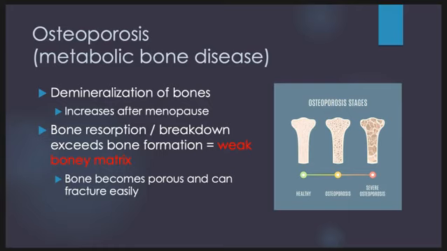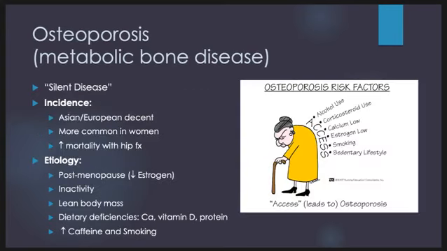Osteoporosis can be caused by a combination of genetic, lifestyle, and environmental factors. Osteoporosis is a condition that affects the bones, making them weak and brittle. It is often referred to as a silent disease because it can progress without any noticeable symptoms until a fracture occurs.